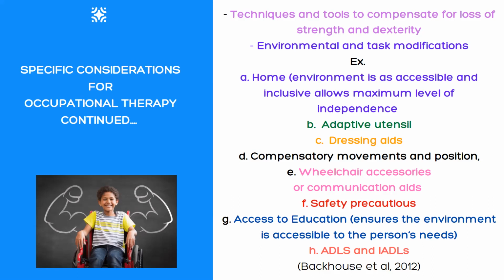Some examples could be adaptive utensils, dressing aids, compensatory movements and positioning, wheelchair accessories or communication aids, because as mentioned, speech is one of the common symptoms that individuals with MD have. We also go over safety precautions and access to education to ensure the environment is accessible to the person's needs.